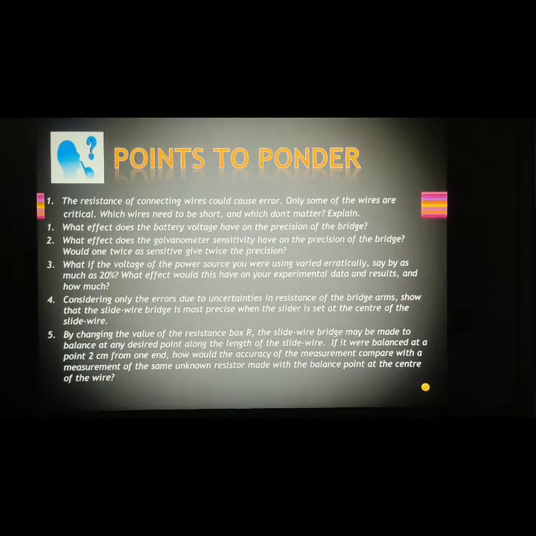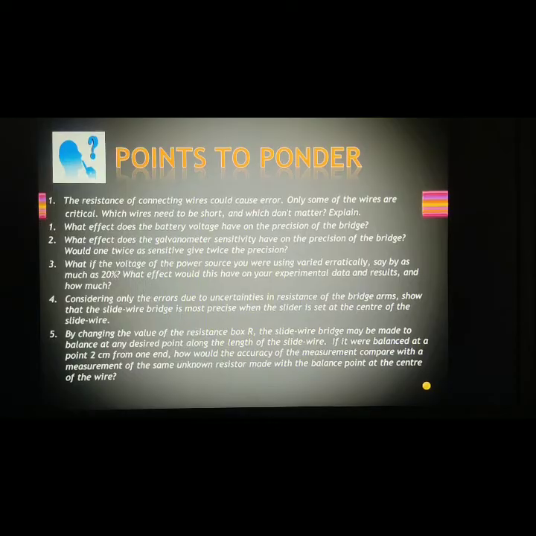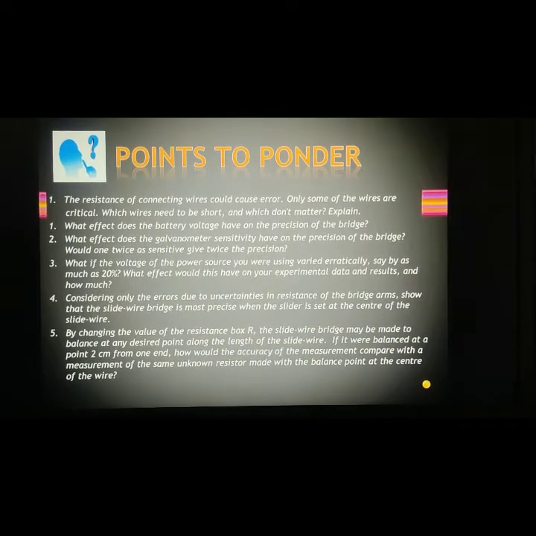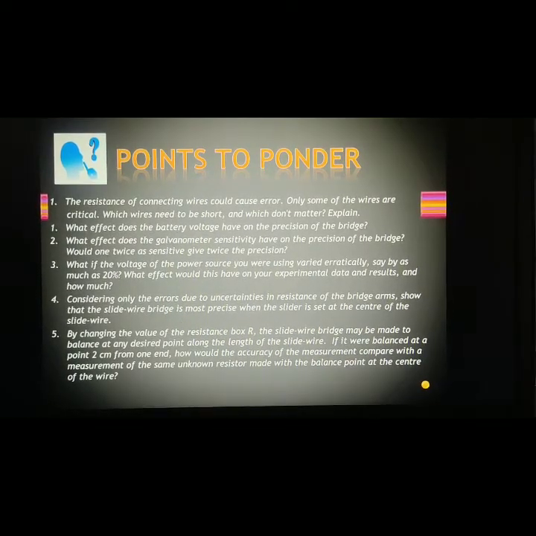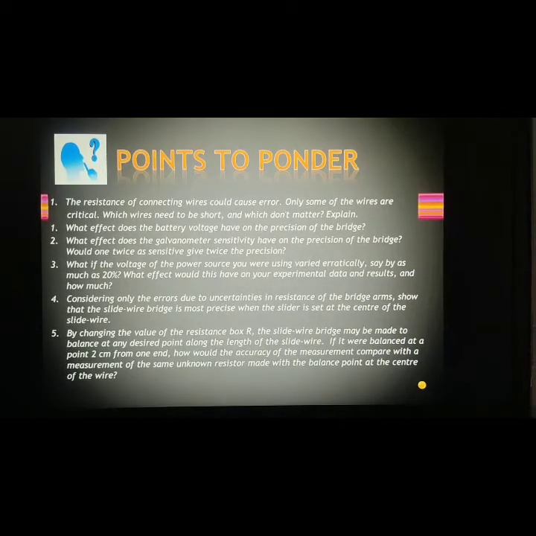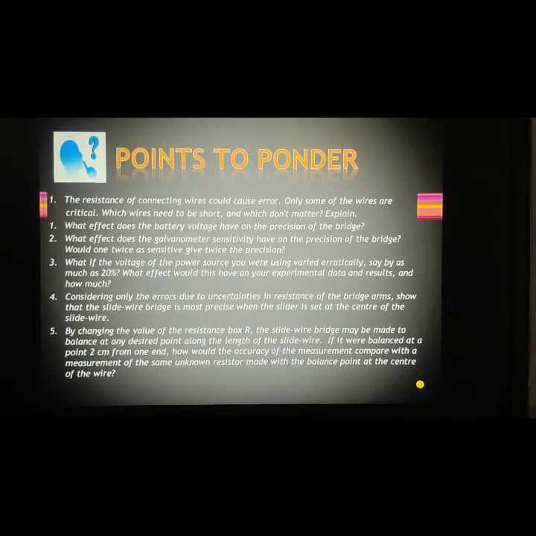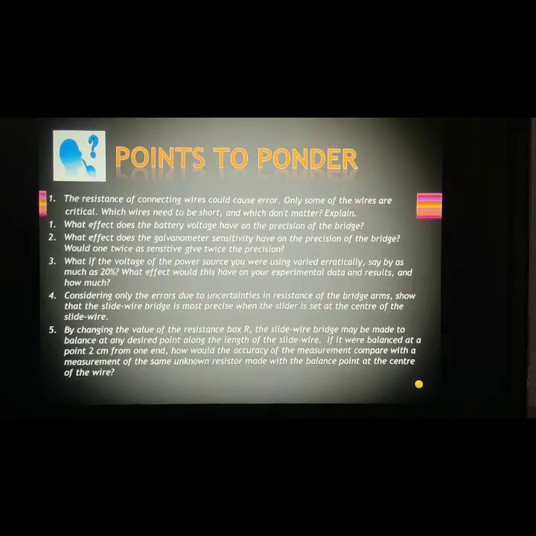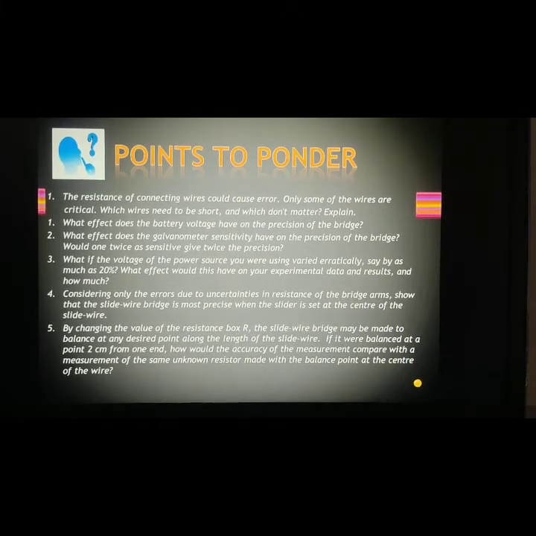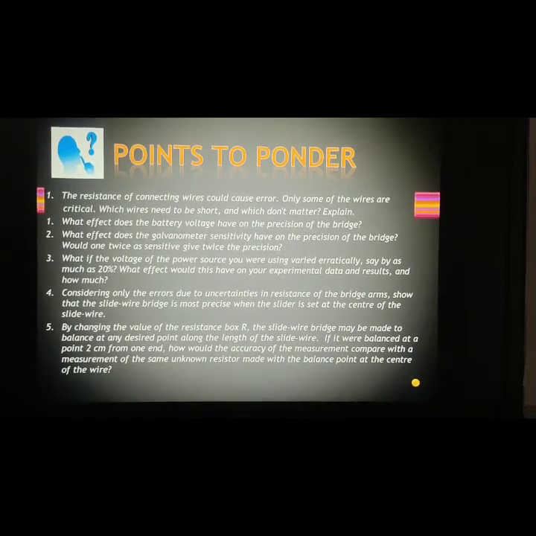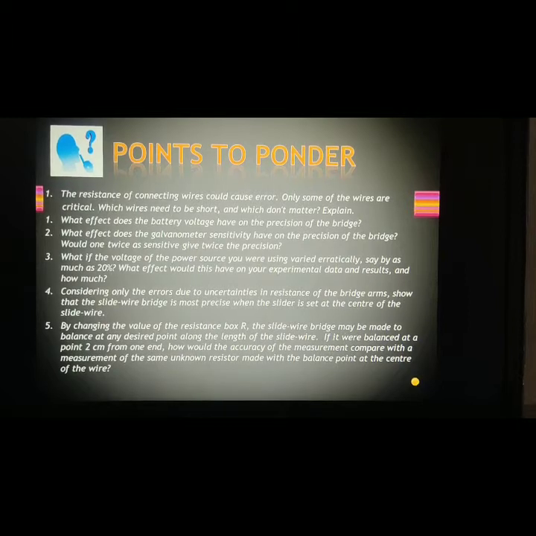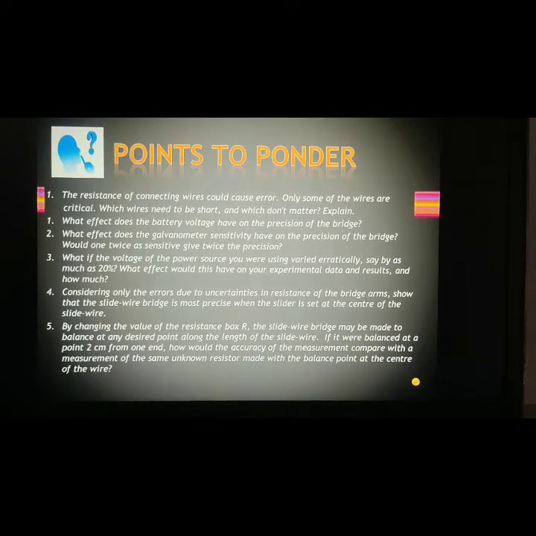Now this is an assignment for you. You need to find the answers to these questions. The resistance of connecting wires could cause error. Only some of the wires are critical. Which wires need to be short and which don't matter? Explain. What effect does the battery voltage have on the precision of the bridge?